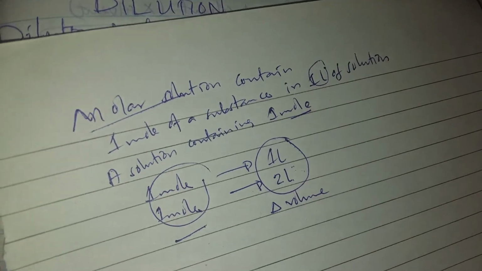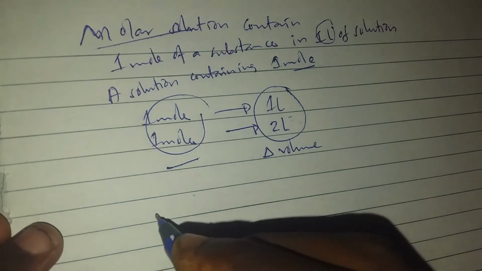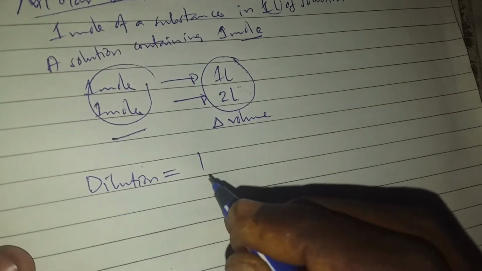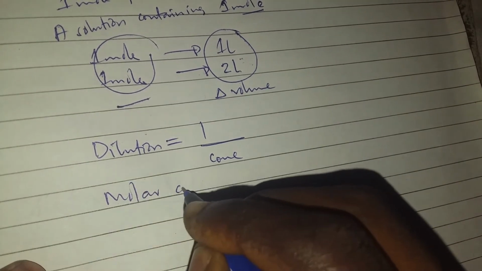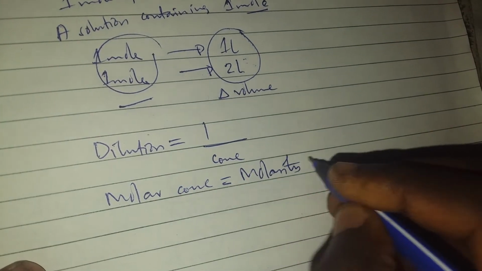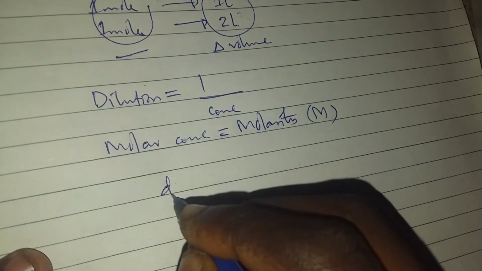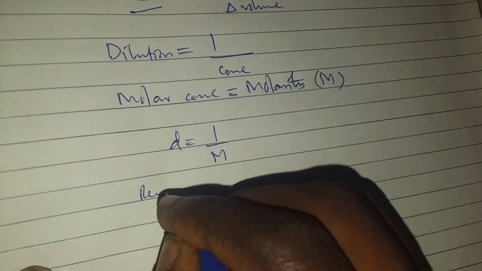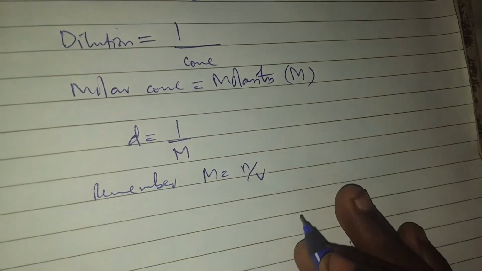Now, as we said, dilution is equal to 1 divided by concentration. And remember, we said molar concentration we always represent as molarity, which is represented by capital M. So in other words, dilution D is equal to 1 divided by M. But remember, molarity M is equal to number of moles divided by volume.